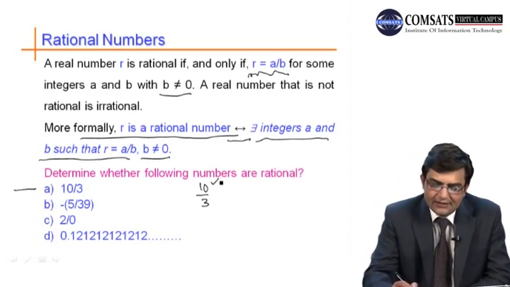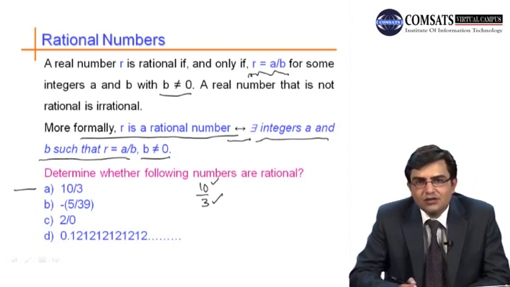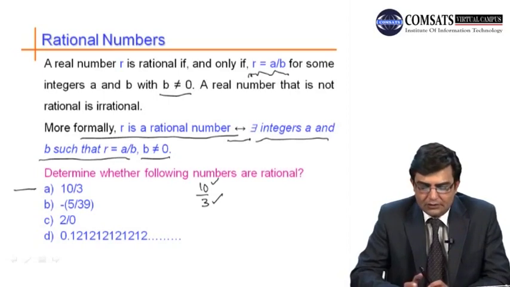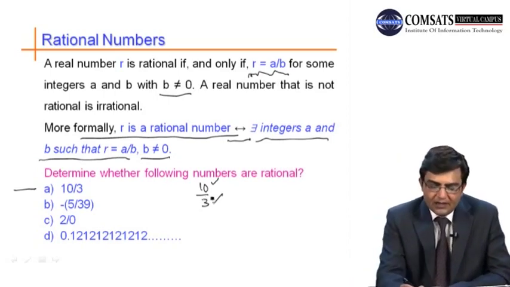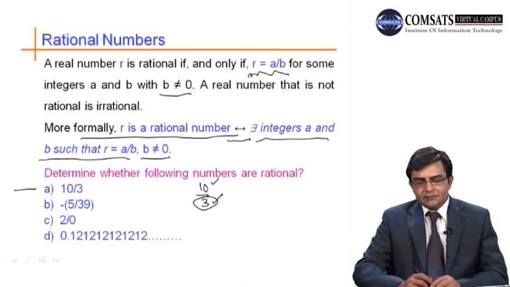Because 10 is an integer, 3 is an integer, and 3 is not 0. So we are given a number written in the form of a quotient of two integers, where the denominator, the number below, is not 0. So this is a rational number.